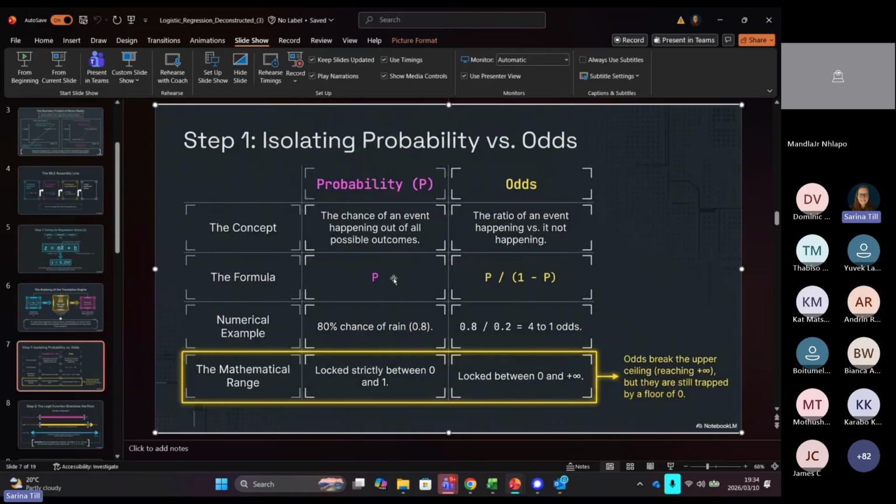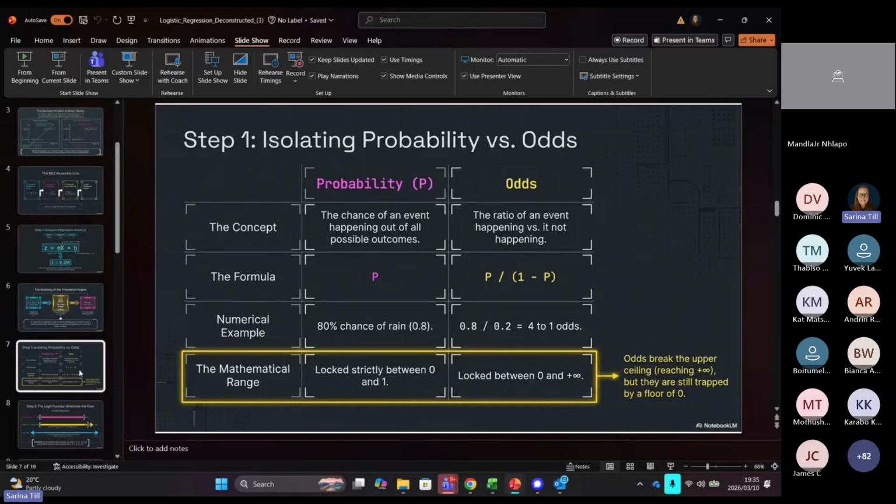But you can have a 1 in 1,059 million chance of doing something. Odds give us a broader area to work with. Odds allow us to work with a longer linear range. So if we want to shove a linear function into sigmoid, we're actually working with the odds.